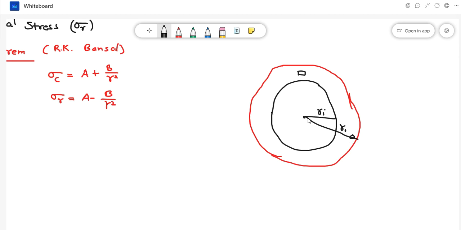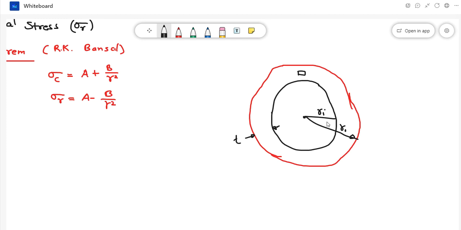See, this is a hollow cylinder. So this is the thickness of the shell. This is T, thickness of the shell, which is significant here actually. And now what is R? R is the radius anywhere from Ri to R outer.